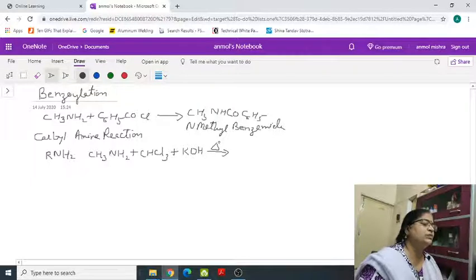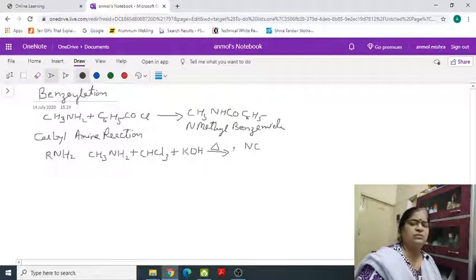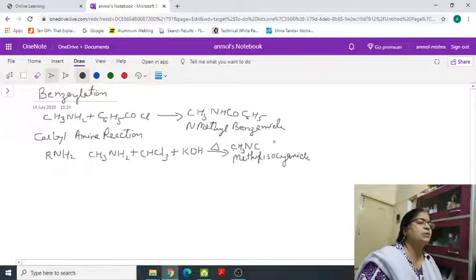It is heated to form RNC. Here we have taken R as CH3, so we will write CH3NC, that is methyl isocyanide, plus 3 KCl plus 3 H2O.